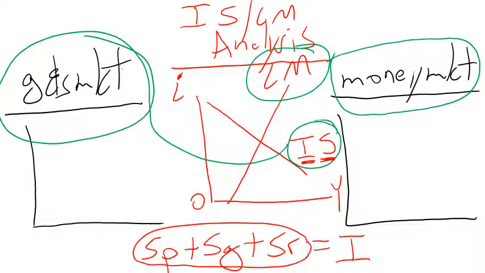All of this, SP plus SG plus SR, being equal to total savings. So what is S? S is total savings, SP plus SG plus SR. And what is I? Physical investments.